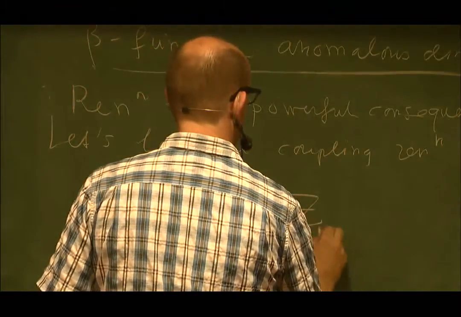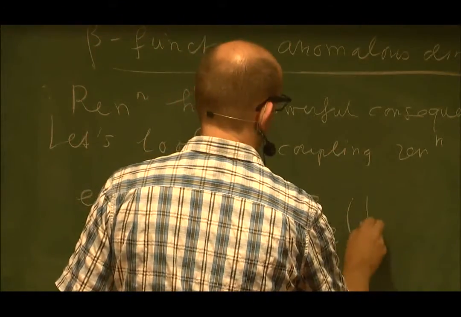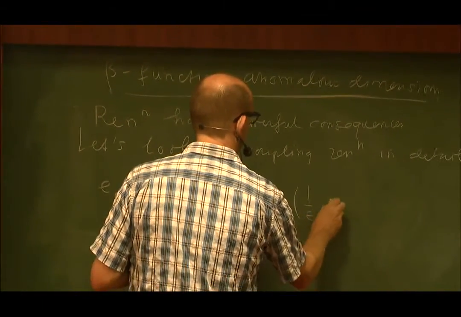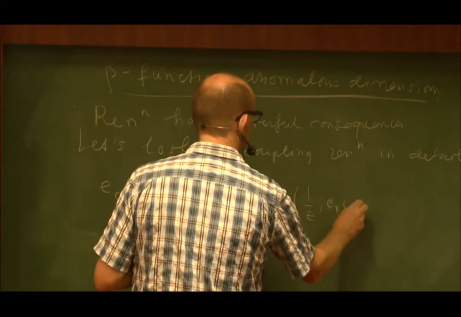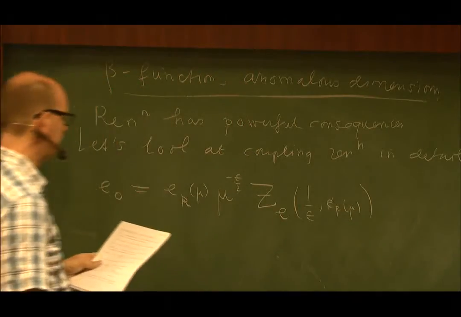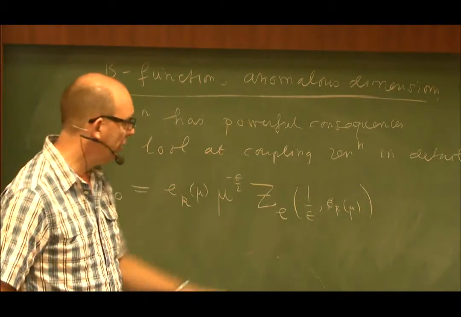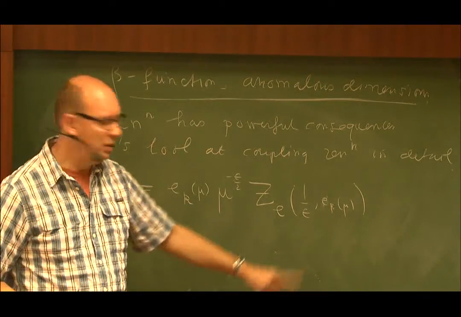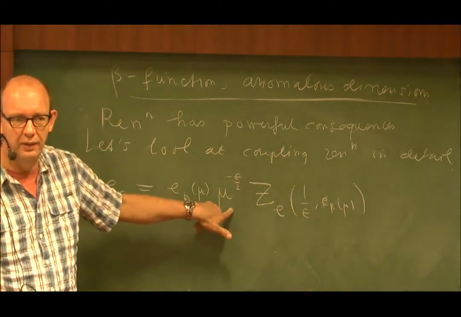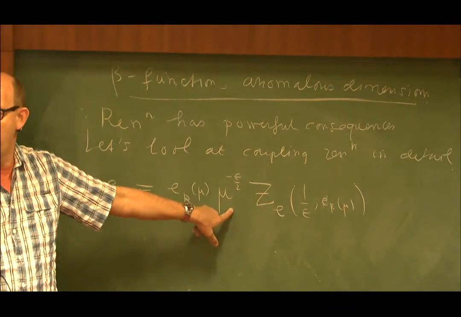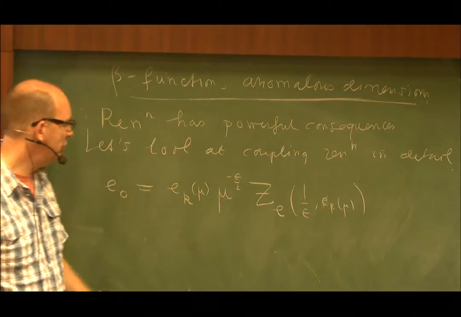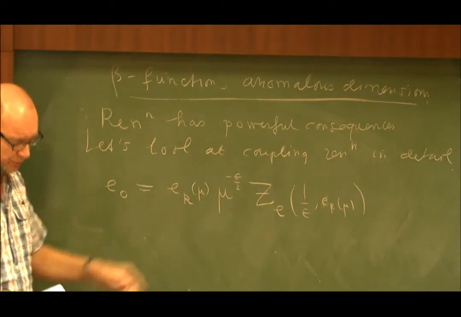And this ZE, which is, as we know now, a function of 1 over epsilon and ER of mu, the renormalized coupling. So the right-hand side, we only have renormalized quantities, but also one of epsilons in the Z factor. Why was this here again? That's right. We had seen in n dimensions there is a dimension to E, so this is dimensionless.